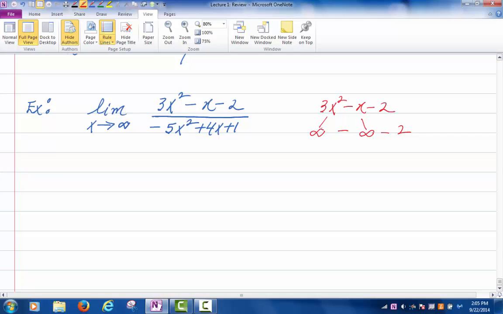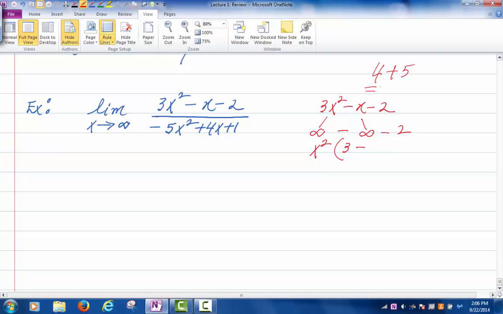So how do I come up with the limit of the numerator 3x squared minus x minus 2 as x goes to infinity? Well, the trick is you're going to factor out the dominating term, which is x squared. Remember, suppose I have 4 plus 5.